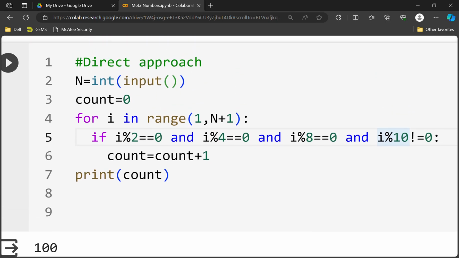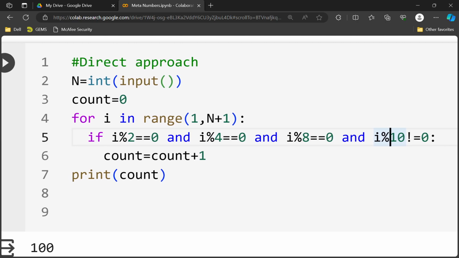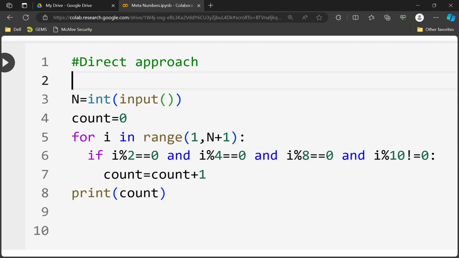Then what is the concern here? We have observed in the constraint that n can go up to 10 power 9. 10 power 9 is a huge number and we must focus on reducing the time complexity. So if I follow this direct approach, what is the time complexity of this? The time complexity is big O of n.